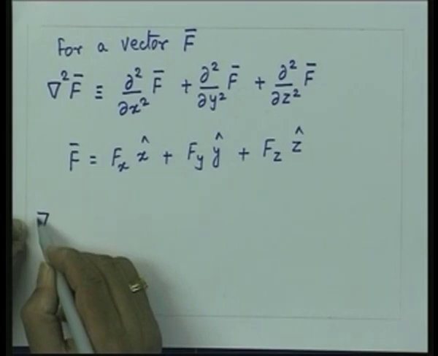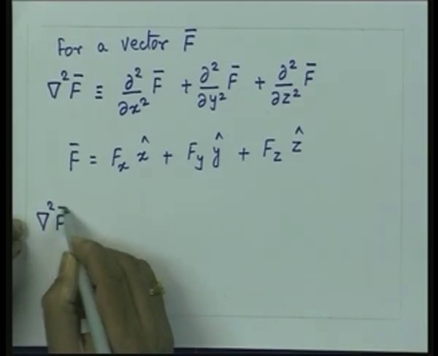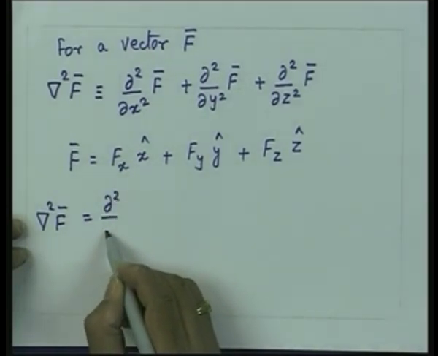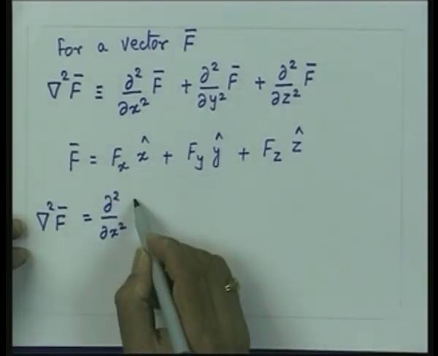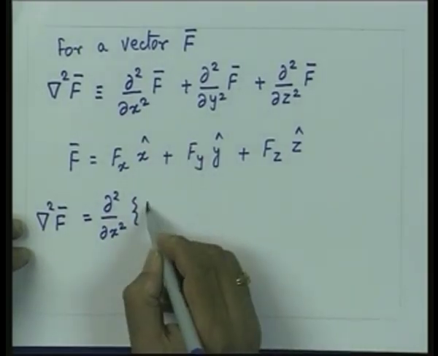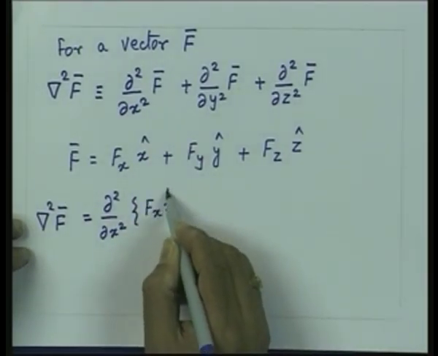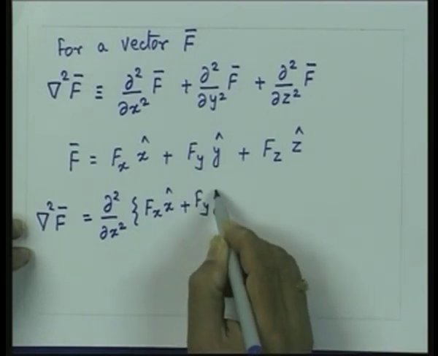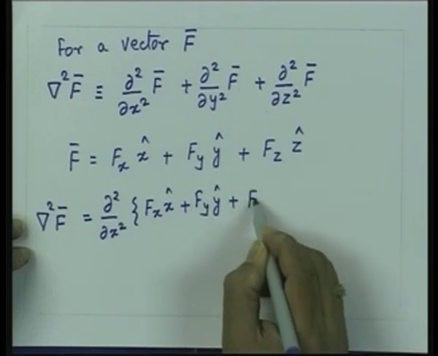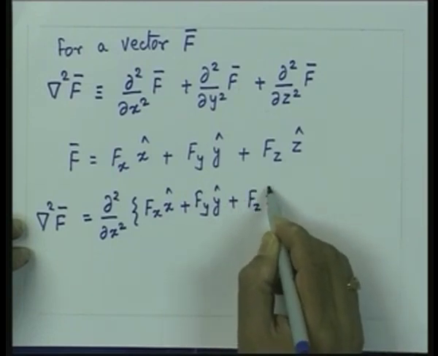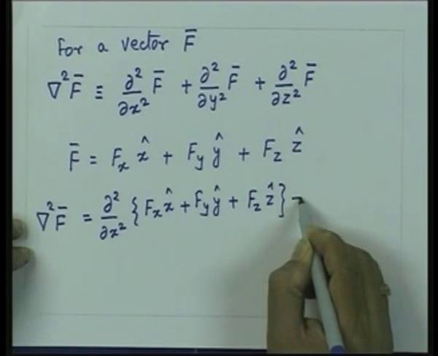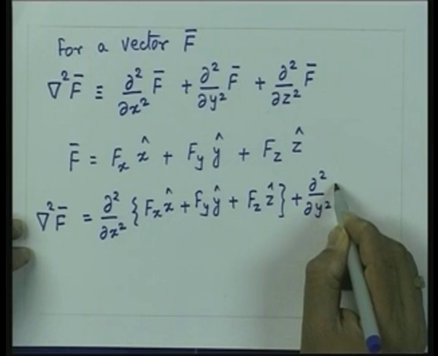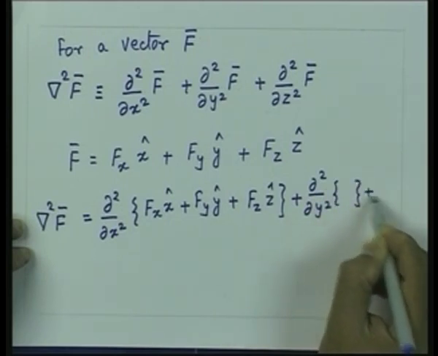So, del square of F will be equal to d2 by dx square of (Fx x plus Fy y plus Fz z) plus d2 by dy square, same thing, plus and so on.